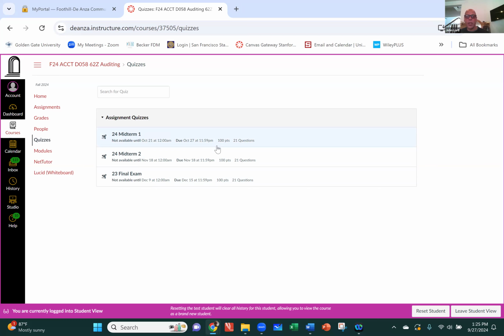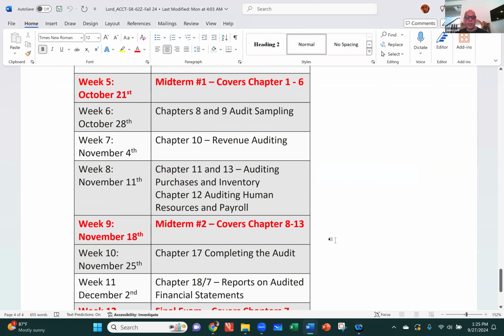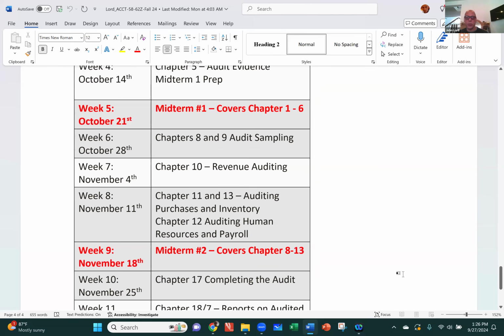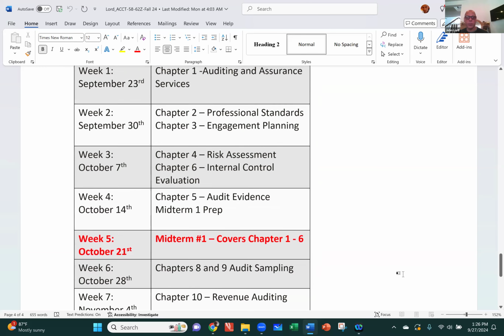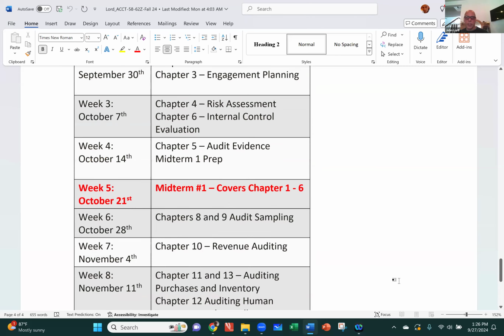You can pick a 3-hour window within that week time frame, and then midterm 2 will work the same, and then the final, which is not cumulative, you just see those 3 chapters, will work the same way. So you've got to take the exams during that week-long period when they're the applicable weeks here.